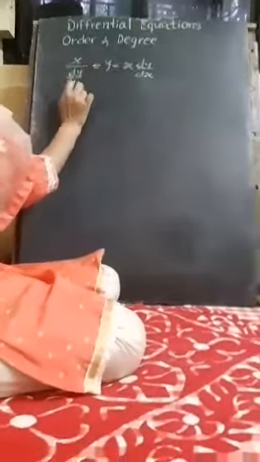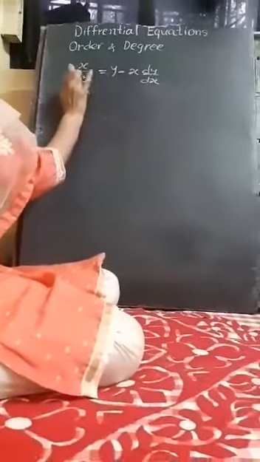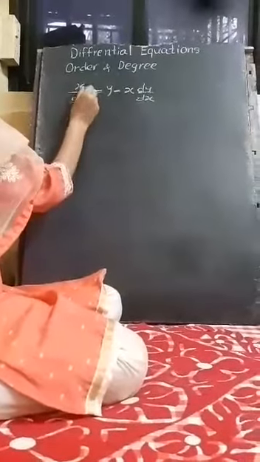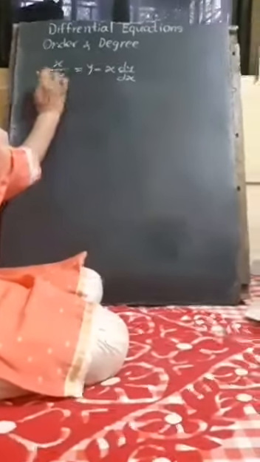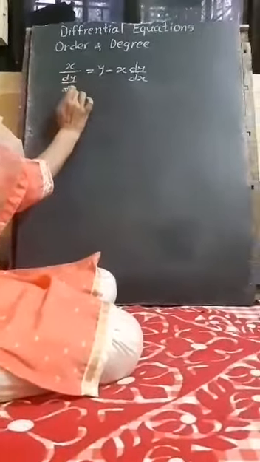By this you may say degree is 1, but it is not so, because in this equation we are having x upon dy by dx. So a fraction is involved. So you cannot write the answer of degree as it is. What you have to do is multiply with dy by dx.